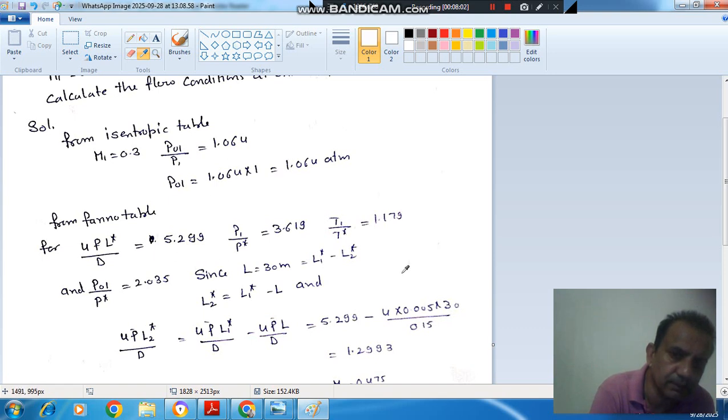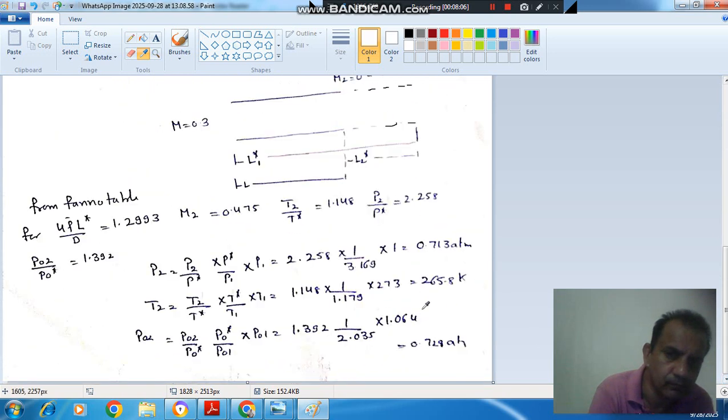P1 is 1 atmosphere. So P2 will come out as 0.713. Similarly, T2 is T2 by T star into T star by T1 and into T1, with one ratio corresponding to Mach number 0.475 and the other to Mach number 0.3, and T1 is 273.